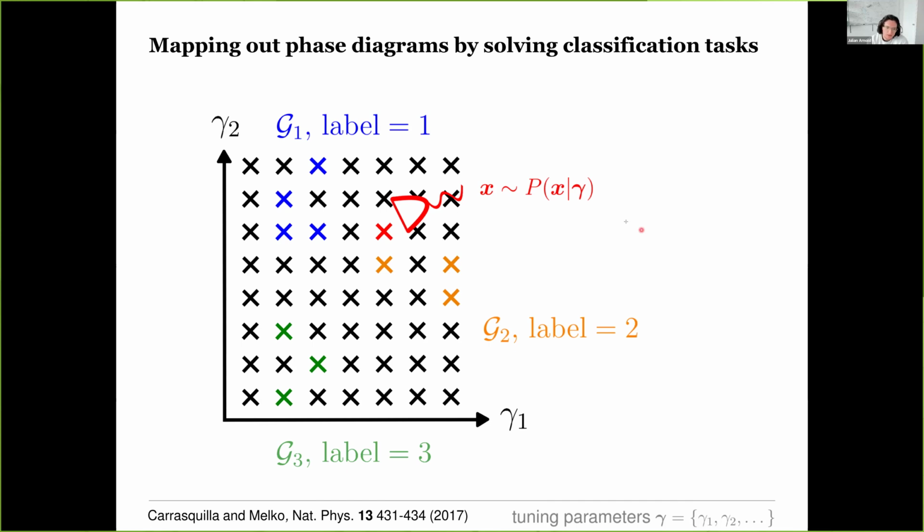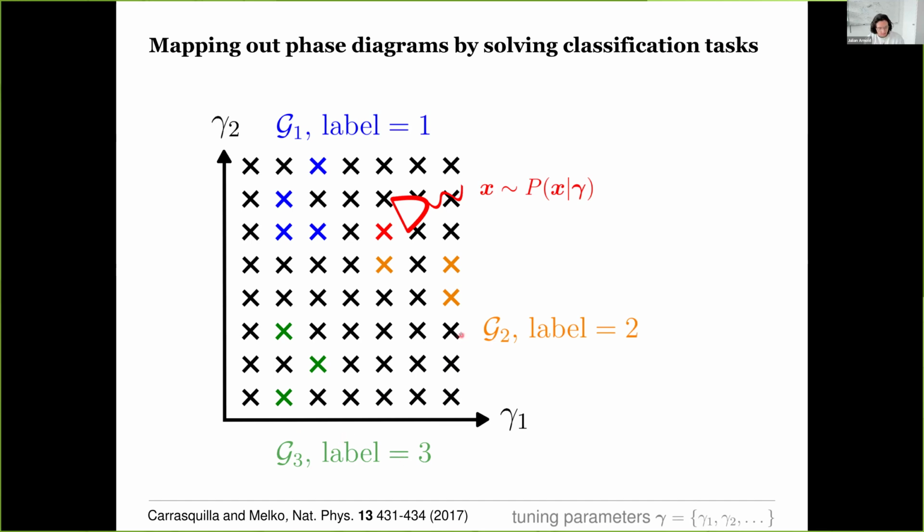So we have a certain set of points which belong to, in that case, 3 groups. So we have 3 distinct phases. And these groups of points are called G1, G2, and G3. And all of the data drawn at these points are going to be given the label 1 for group 1, label 2 for group 2, and label 3 for group 3.